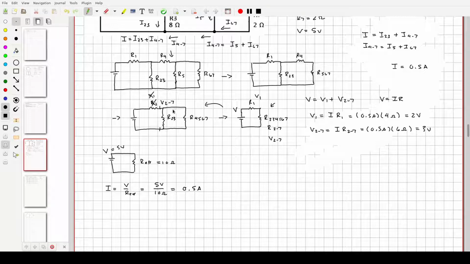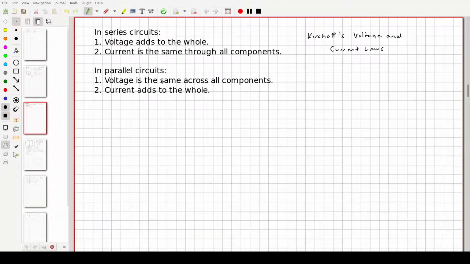Okay. So what we have here are 2 components in a parallel circuit. And again, we have rules for parallel circuits. The voltage is the same across all components, and current adds to the whole.